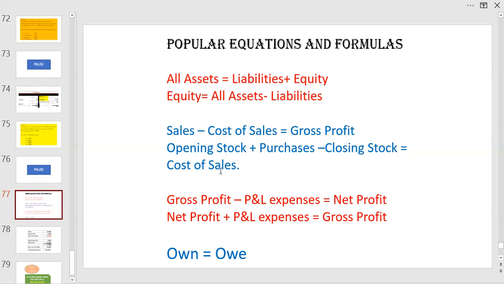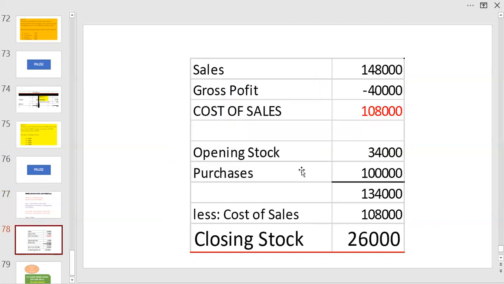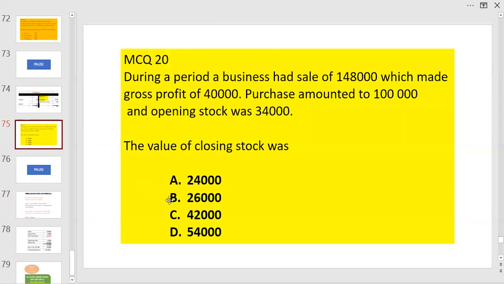So if you take the cost of sales minus opening stock minus purchases, then you will get the closing stock. What we have done is the working, and in this sum it is 26,000. If you look at that, that represents the answer B.